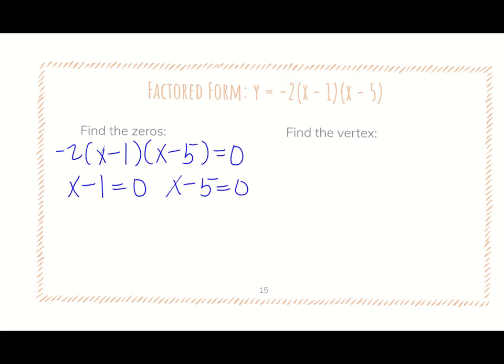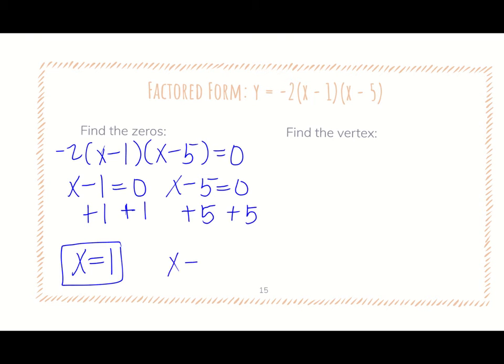If either one of those is 0, the entire equation is 0. And then we would solve for x. So you should have gotten for the zeros that x equals 1 and that x equals 5. Those would be our two zeros here. Hopefully we got that.